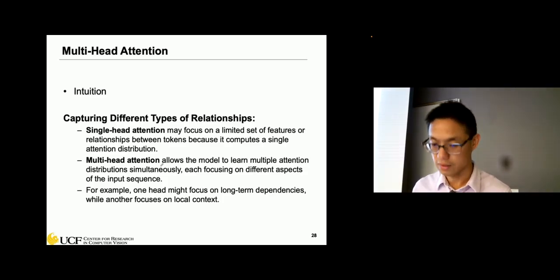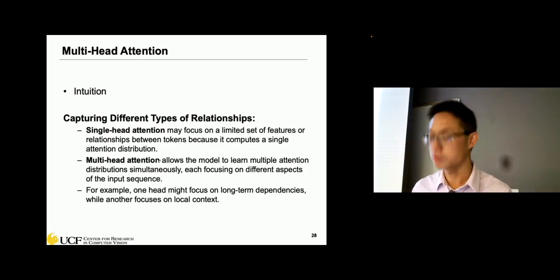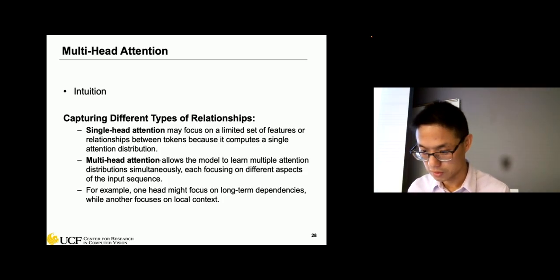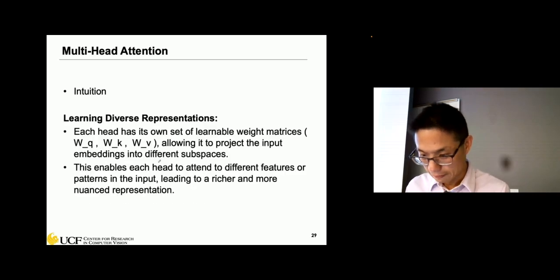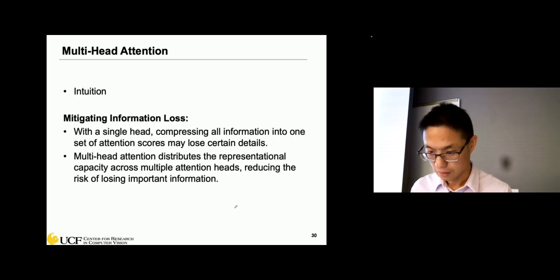If you aggregate them together, you are looking at multiple types of relationships, so some tasks like translation or image captioning understanding may be learned better. They can also help you learn very diverse representations, because different heads may attend to different features or patterns. That will lead to richer and more nuanced representations.